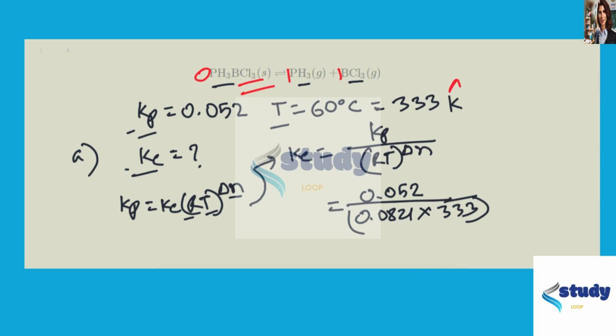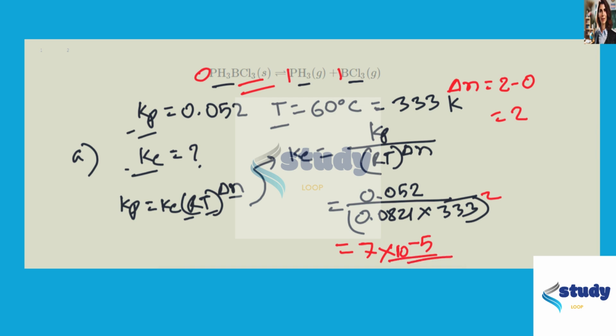So del n will be 2 minus 0 equal to 2. So we put 2 here, and solving this we find the value of Kc, 7 times 10 to the minus 5. So this is the value of Kc for this reaction.